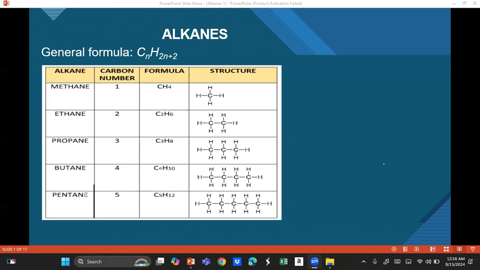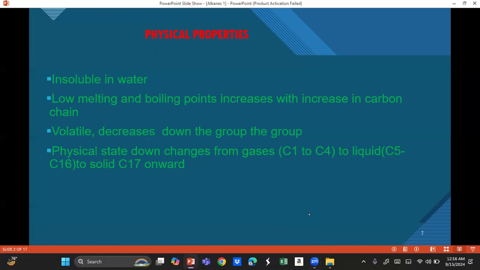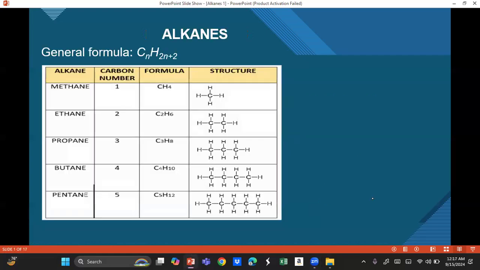The general formula of alkanes is CnH2n+2. This means that if the carbon number is 2, then the hydrogen number will be 6. By putting n as 2, the hydrogen number will be double the carbon, that is 4 plus 2.